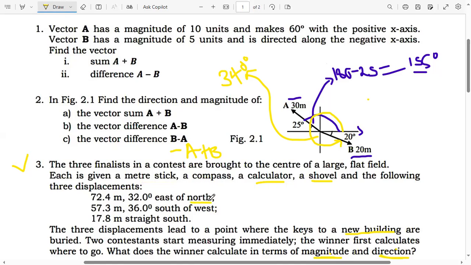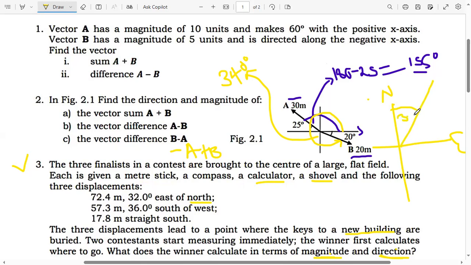So it means north is your reference point. So if I write my XY plane like this, we know that this is north. So this 32 degrees east of north, it means go to north, okay? So I'm at north, and then move 32 degrees to the east. So the east is there. So I move 32 degrees to the east, it will be somewhere there. So it means this vector here, the first one, okay, it will be here.